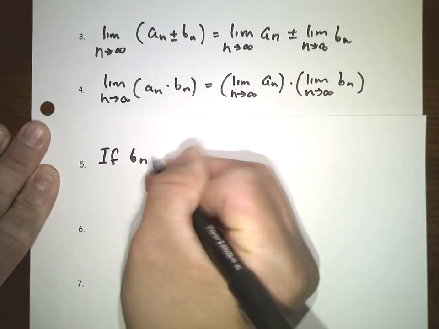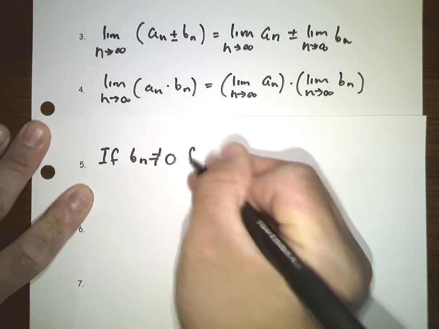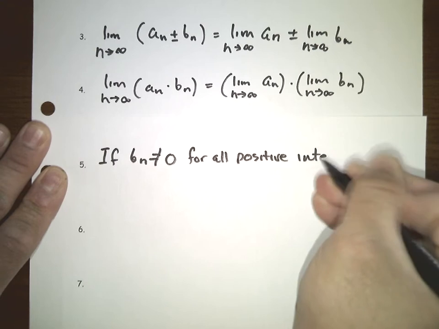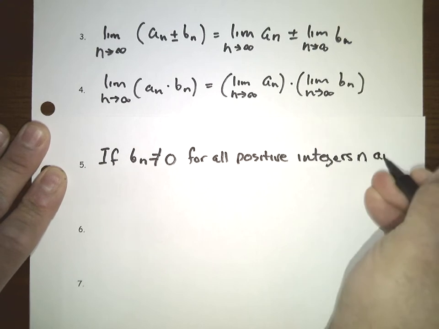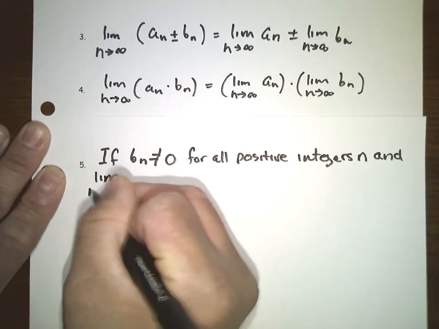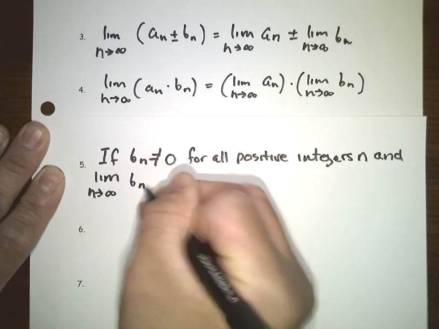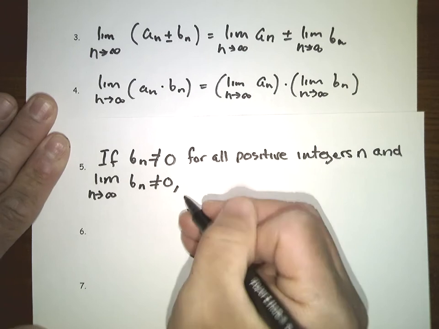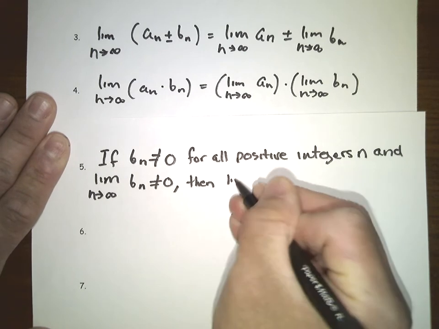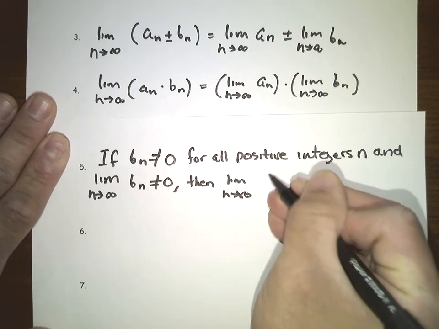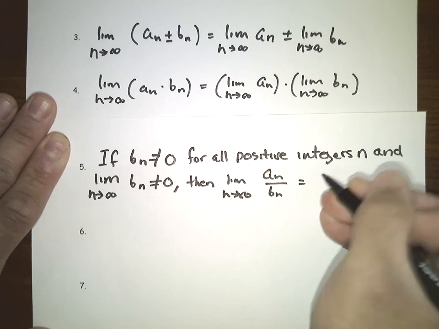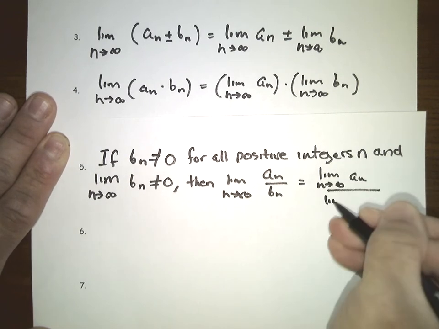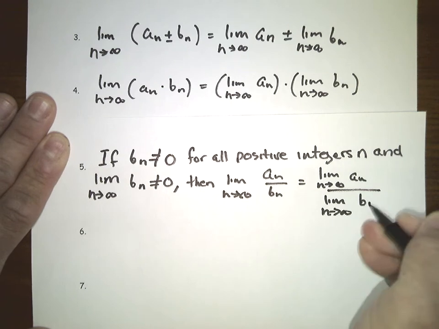If b n is not equal to 0 for all positive integers n, and the limit as n goes to infinity of b n is not equal to 0, then the limit as n goes to infinity of a n over b n is the limit as n goes to infinity of a n over the limit as n goes to infinity of b n.